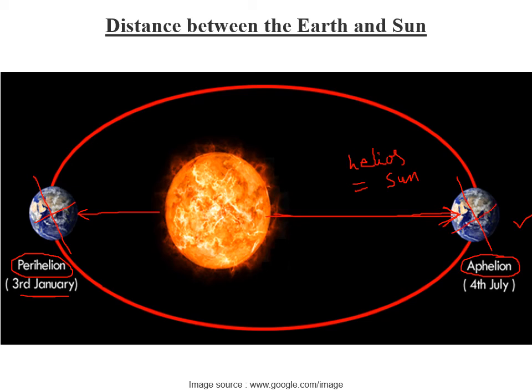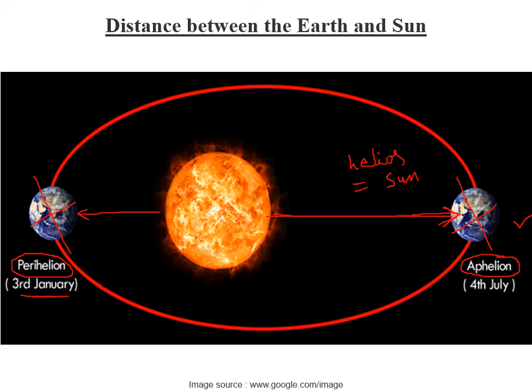At perihelion condition during the month of January, in the northern hemisphere there is winter. Now, although there is winter, the perihelion position is near to the sun, so more energy is received in the northern hemisphere.